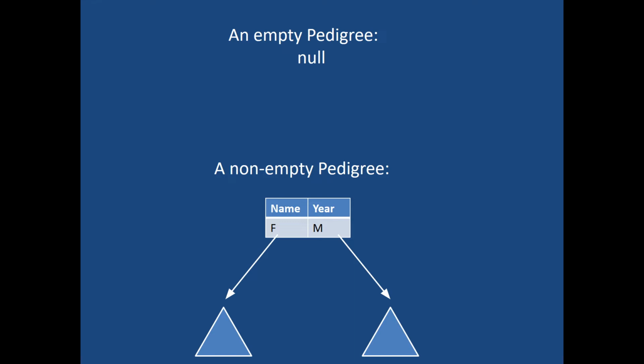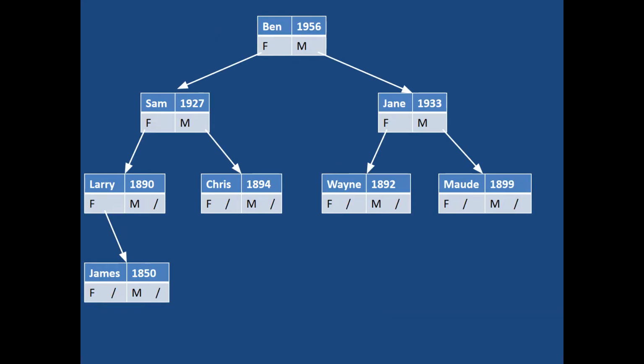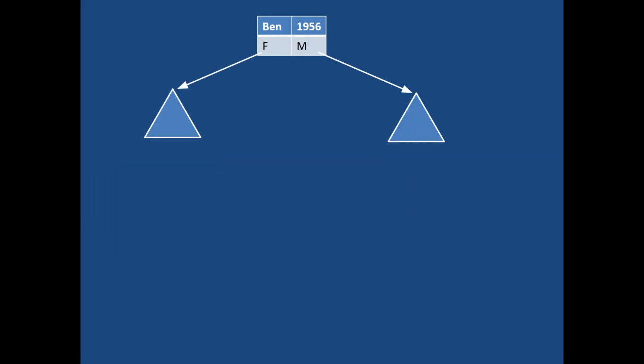Why is it better to think of a pedigree tree that way? It's hard to think about how you'd write a method to count all the people in that pedigree tree.